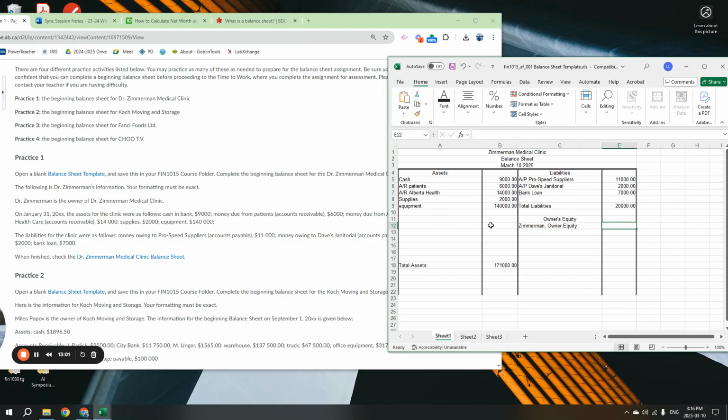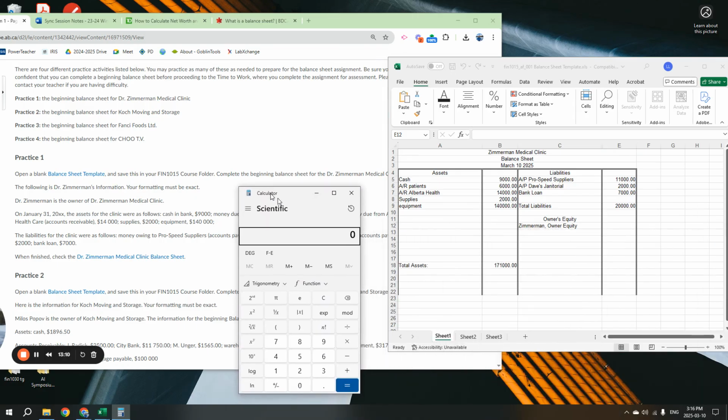And we need to calculate, right? So how can we calculate it? Well, you can just use the calculator feature on our computer, because we know we have assets of 171,000 minus total liability of 20,000. So it's 151,000.